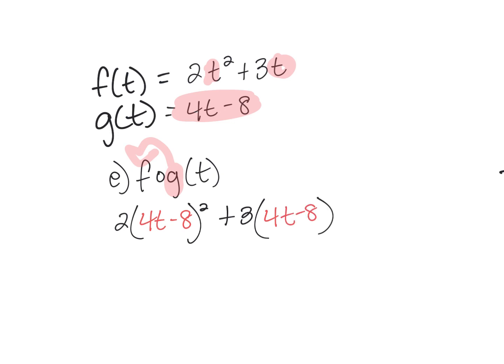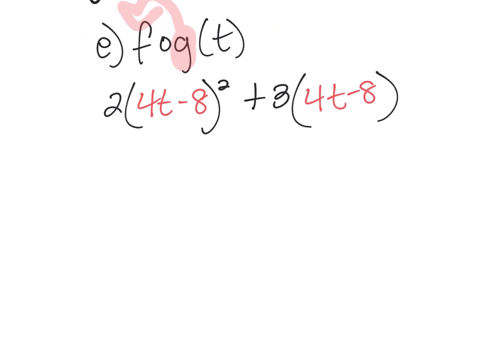All right, now I have a lot to clean up on this. So go slow, take your time. I'm going to do the left side first. So 2, and then this is going to be 4t minus 8 times 4t minus 8, because that binomial is being squared. And then I'm going to work this out.